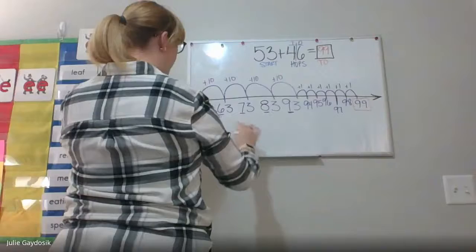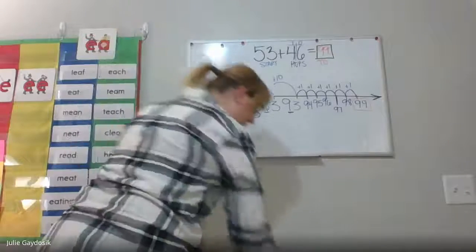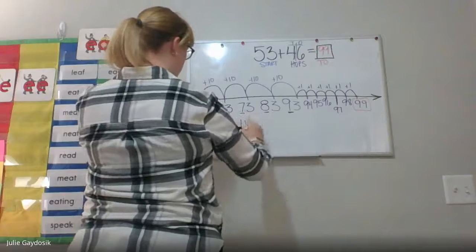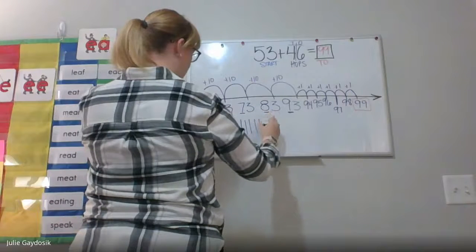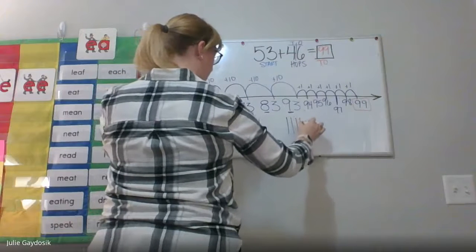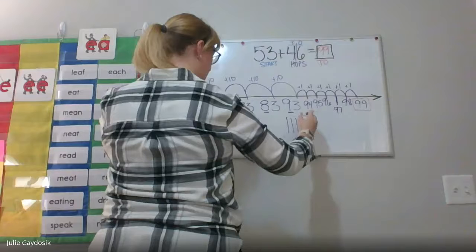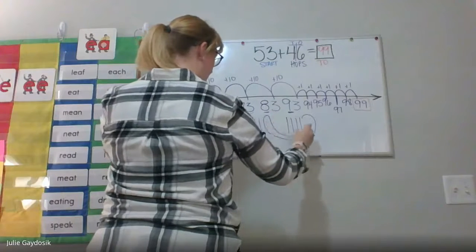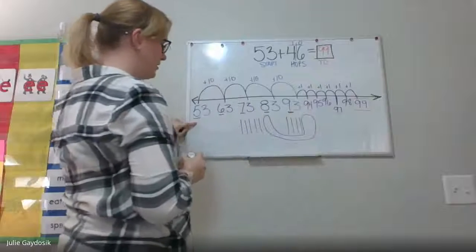If I drew that out like Big Ideas Math does it, right? You could do 1, 2, 3, 4, 5, 1, 2, 3, 1, 2, 3, 4, 1, 2, 3, 4, 5, 6. Remember? And they kind of do like this, where they do a hug around all the ones. Okay?